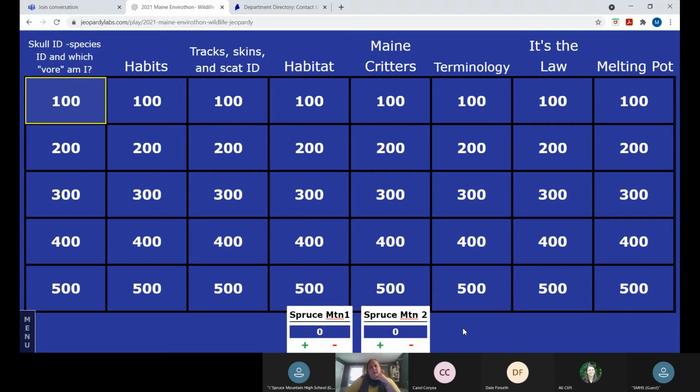And you can keep them. Generally, most teachers keep them for at least a week or two, and then return them. We just do an inventory when they come back to make sure everything's there. But they're free for you guys to borrow, and it's just a box full of those resources to help with teaching about Maine wildlife and getting ready for the Envirothon.